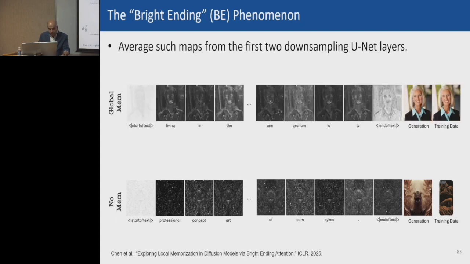Now if you look at this one, global memorization, this attention map for the end of sentence token is very bright. And that's what they call bright ending. So the end token's cross attention is bright, and the method is called bright ending, right? So this clearly tells you the difference between this and this.